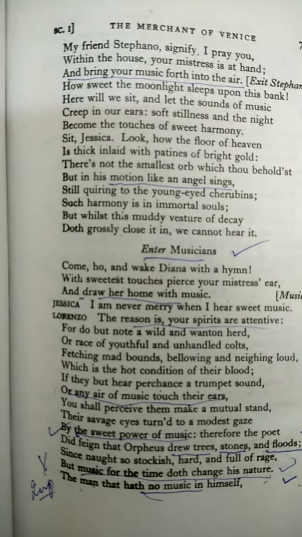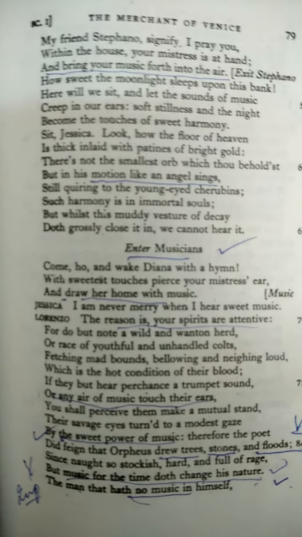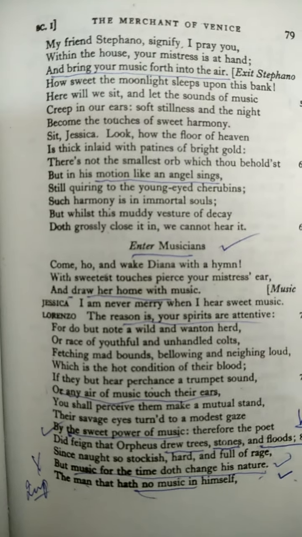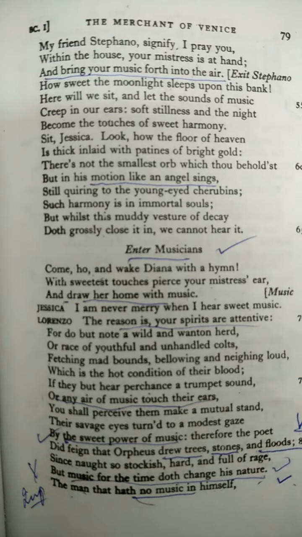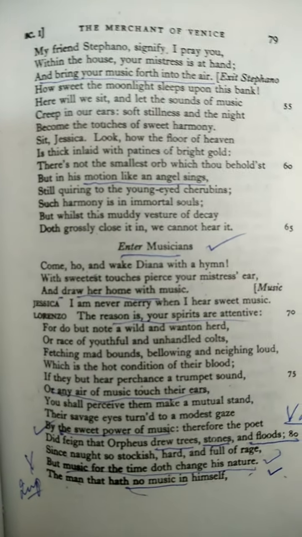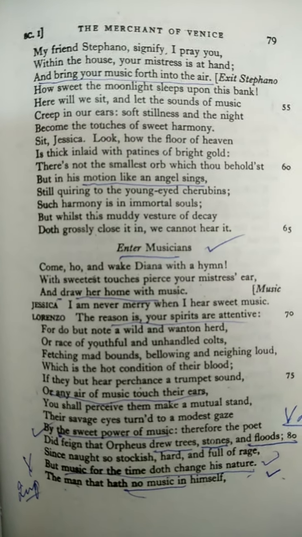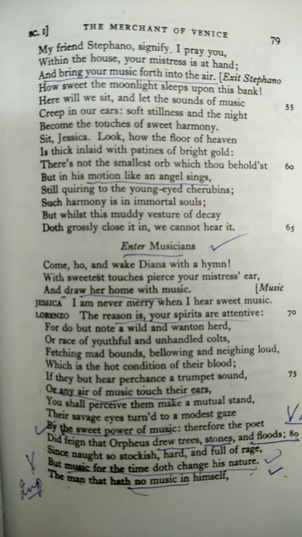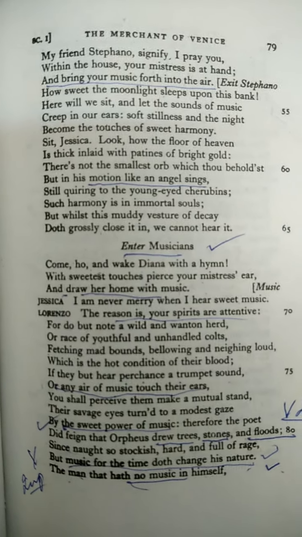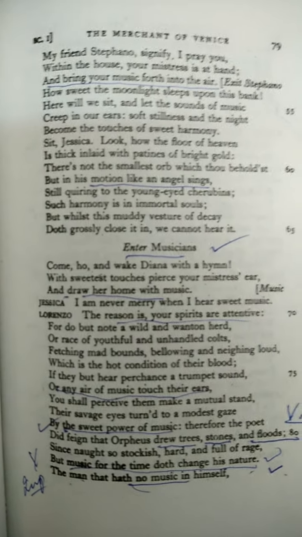If you have this substantial force in your life, what is the substantial force in life? Yes, love for music. Then life is justified.